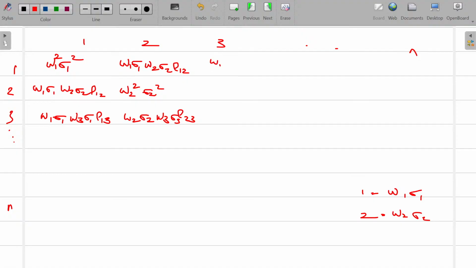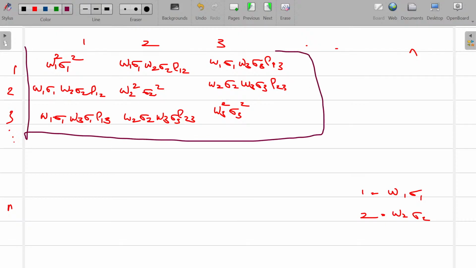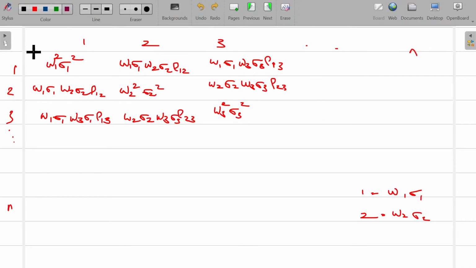Here again W1 standard deviation 1 and W3 standard deviation 3, correlation 1 and 3, and W2 standard deviation 2, W3 standard deviation 3, correlation 2 and 3. Here 3 in 3, so W3 standard deviation 3, but there is no 2 times, you just use the square. Now for 3 by 3, you have to take all these values.